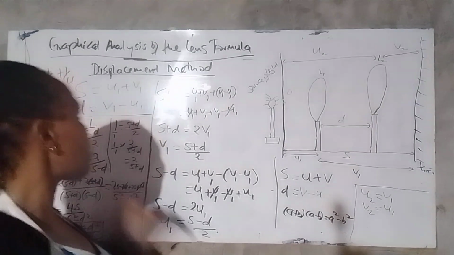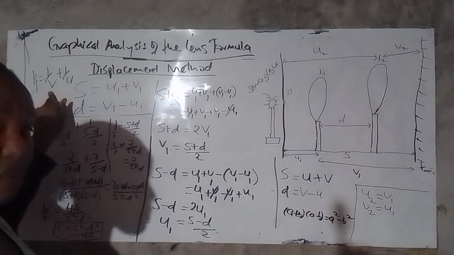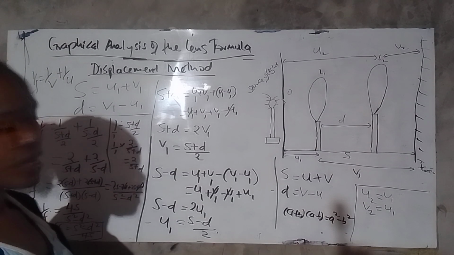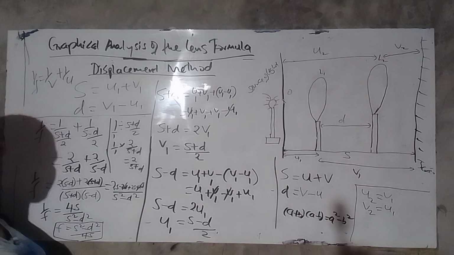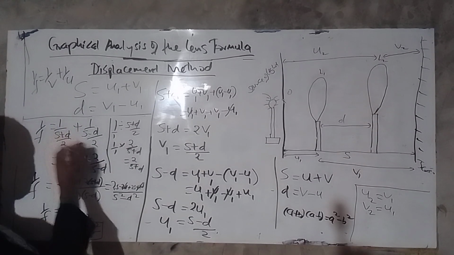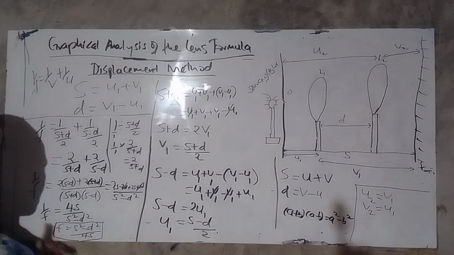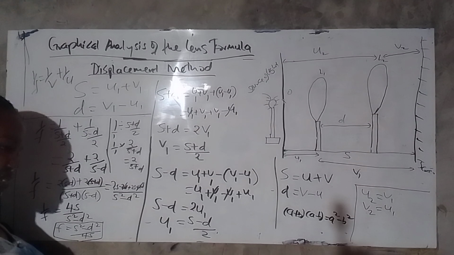Now finally we use the lens formula, 1 over f is 1 over v plus 1 over u, and that is our v and that is our u. When we apply it directly, we end up with 1 over f is 4s over (s squared minus d squared).